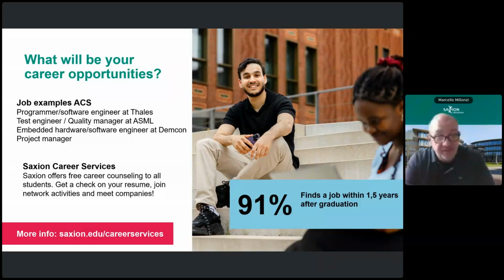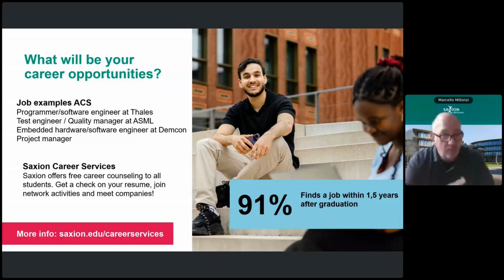They built also civil applications for public transportation access. You can also be a test engineer or a quality manager, for instance, at ASML. We also have a big company here in Enschede, which is called Demcon, and they do a lot on medical systems. So we also have interns and graduation students doing their work over there, and after graduation actually start their jobs there.